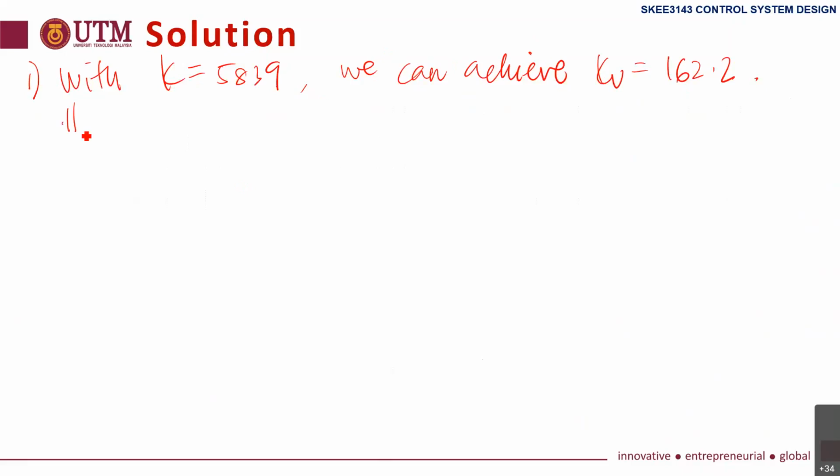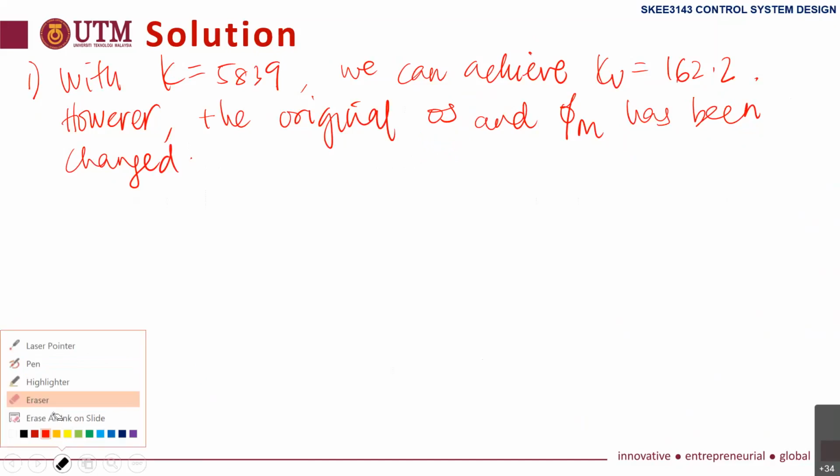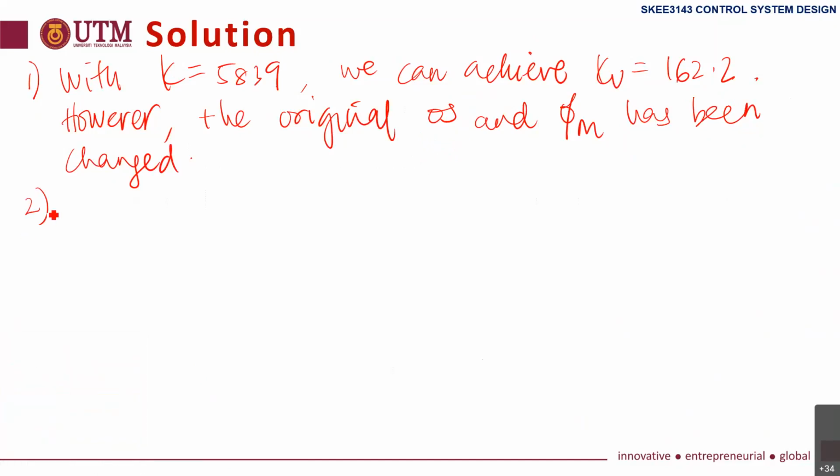However, the original overshoot and phase margin have been changed. The original overshoot here is 9.5%. I will write it. So that is why we want to design a lag compensator.